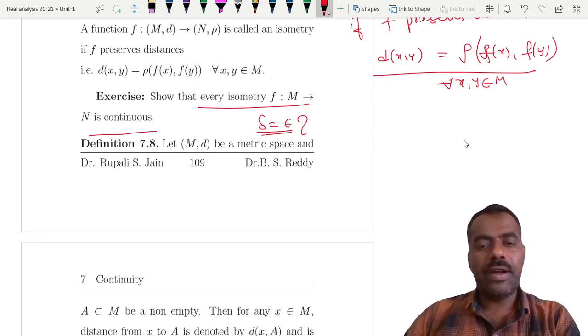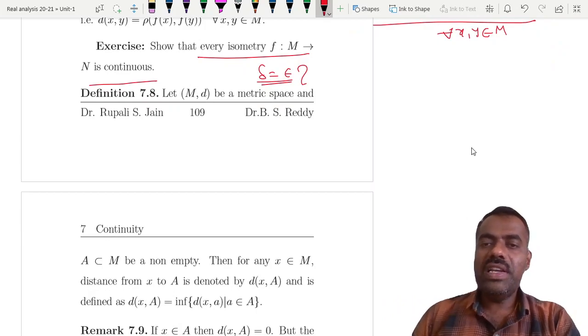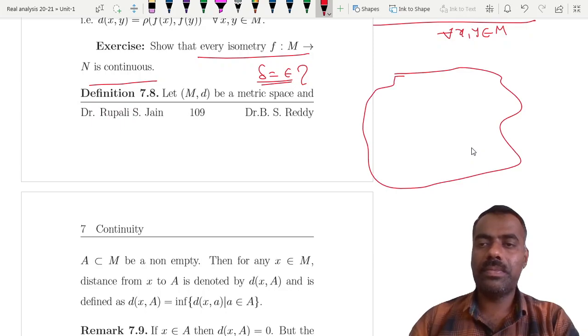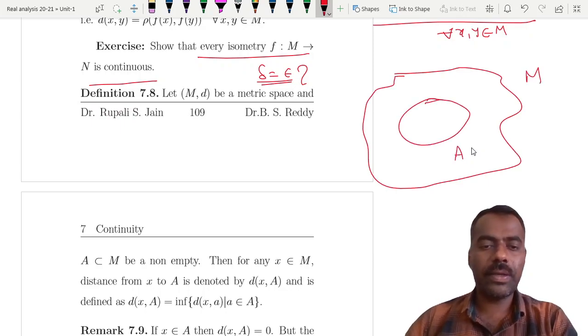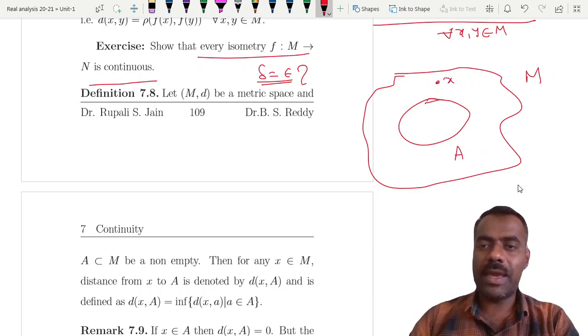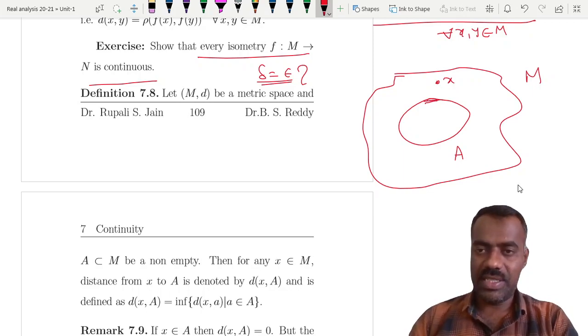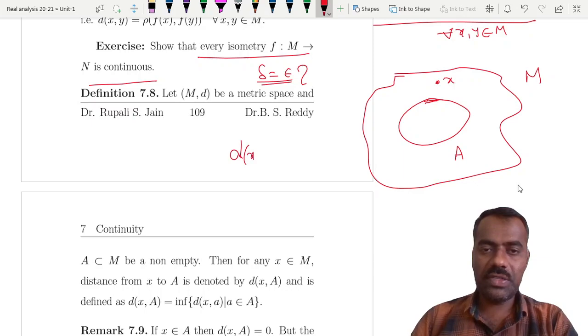Fine. Now we'll try to define, if you have a metric space M and a set A, what is meant by the distance from a point x in M to this set A. So how can we define the distance from x to A?